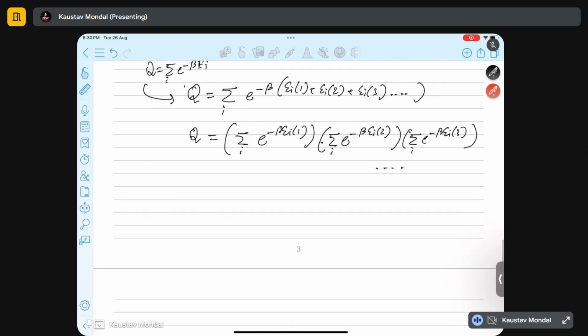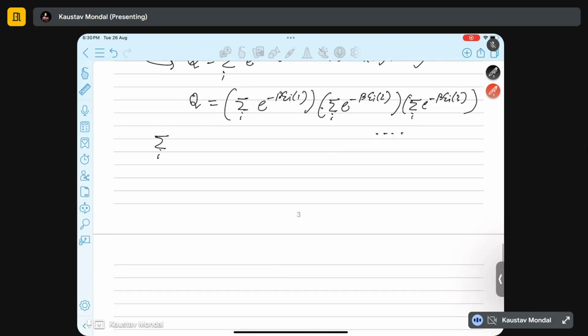Now if we multiply the whole thing, for a single molecule the partition function is this q, then you can write Q as q to the power N.